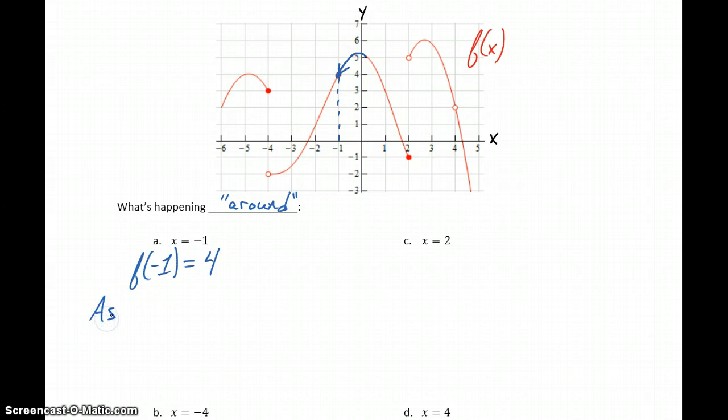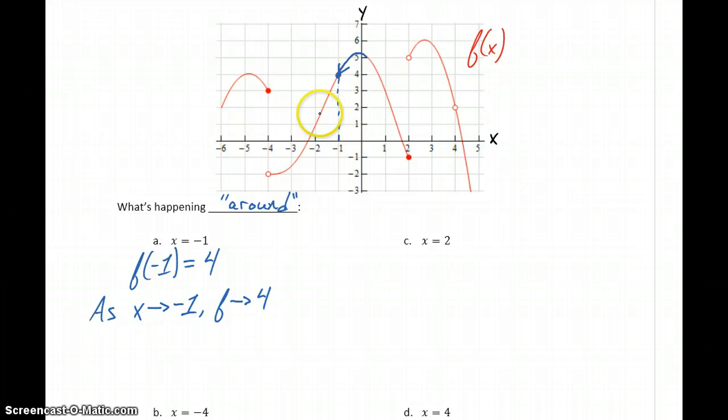So without, again, any formal notation except for these arrows that we're going to use, what we can say is that as x approaches -1, our function value is approaching 4. So by that arrow, I just mean approaching, getting closer to, again, as we trace along this graph, we're getting closer and closer to that function value.